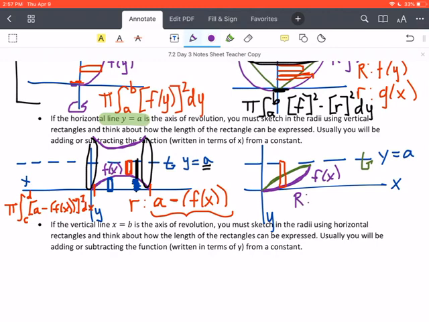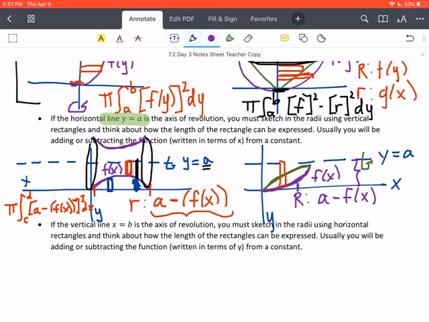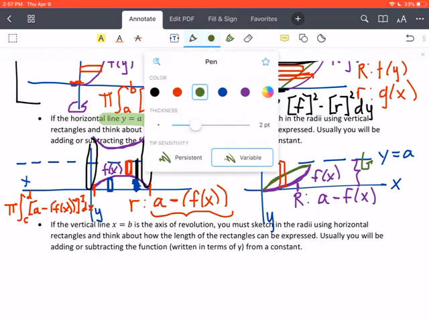Okay, what is big R? Big R is going to be a, okay, what's the distance of a? It's this whole distance here, and what do we want to subtract? We want to subtract the function because function values are found from the x-axis up, okay, and that's what we want to subtract. So then little r, once you figured that out, usually little r is going to follow the same pattern, but let me get my red.